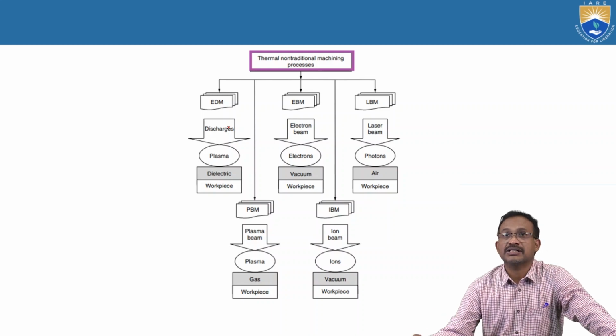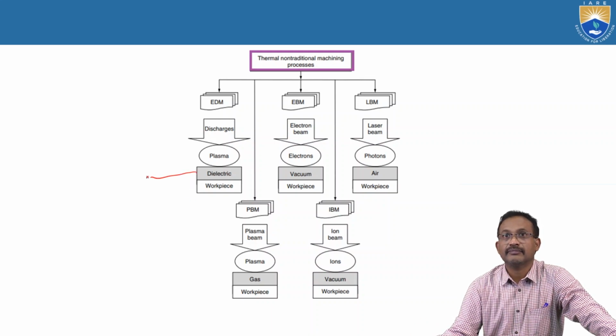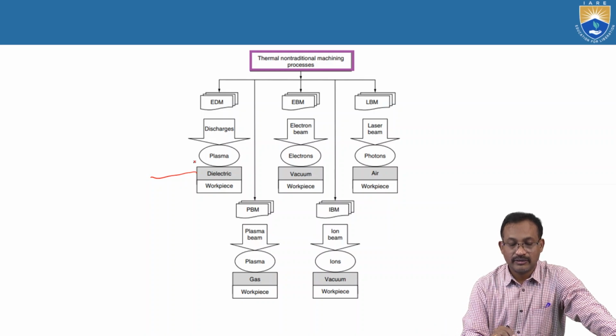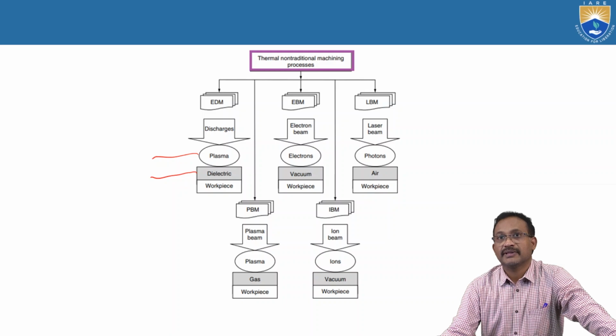Here the medium is a dielectric medium, and the plasma acts as the tool.